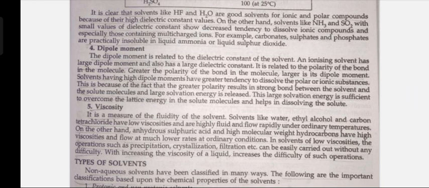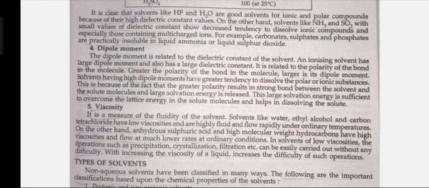The fifth property is viscosity. It is the measure of fluidity of the solvent. Solvents like water, ethyl alcohol, and carbon tetrachloride have low values of viscosity and are highly fluid and flow rapidly at ordinary temperatures.